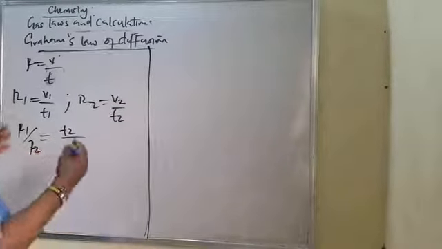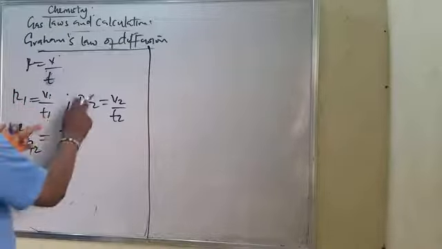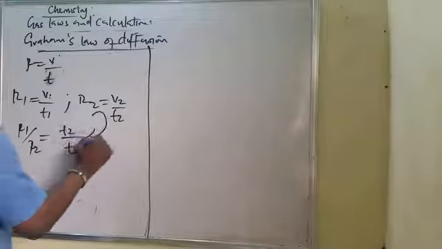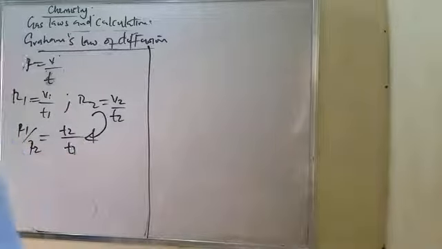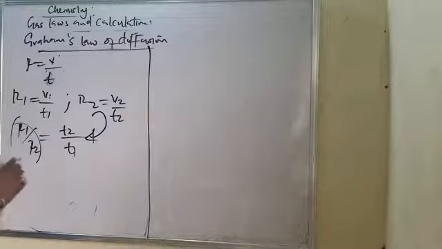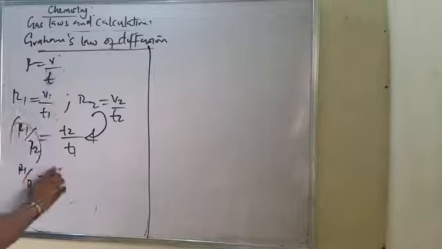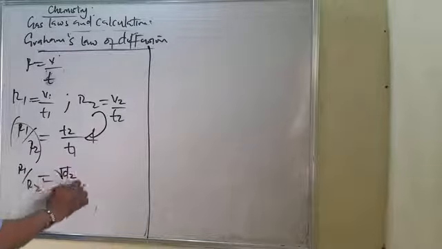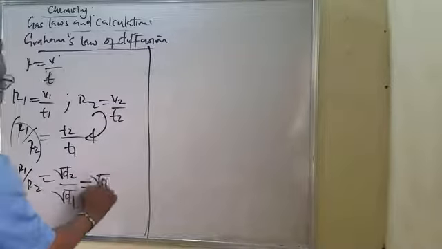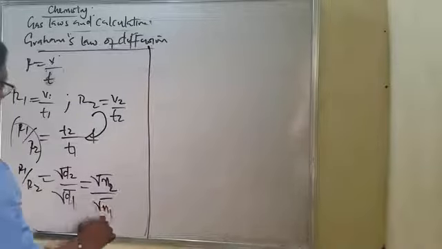Or it could have been said that the volume is constant. So if R1 over R2 is T2 over T1, recollect that R1 over R2 is also equal to the square root of D2 over D1, which is also equal to the square root of molar mass 2 over molar mass 1.